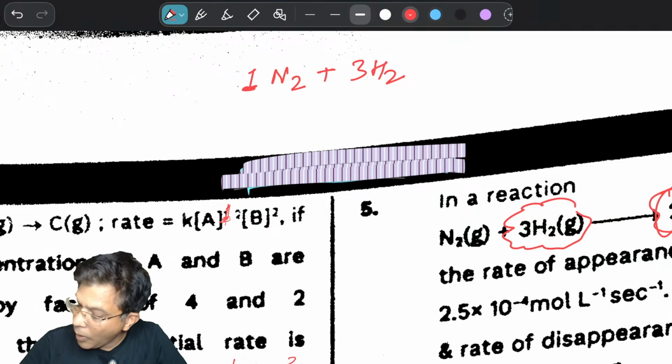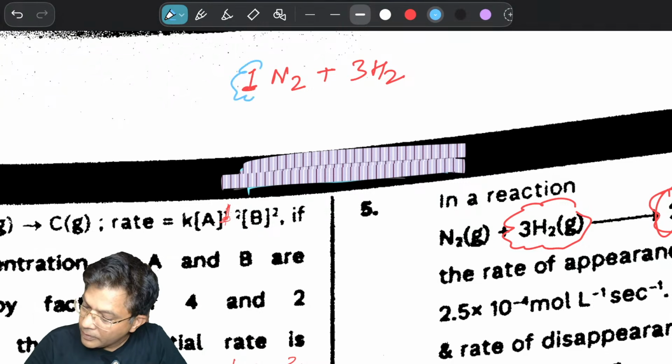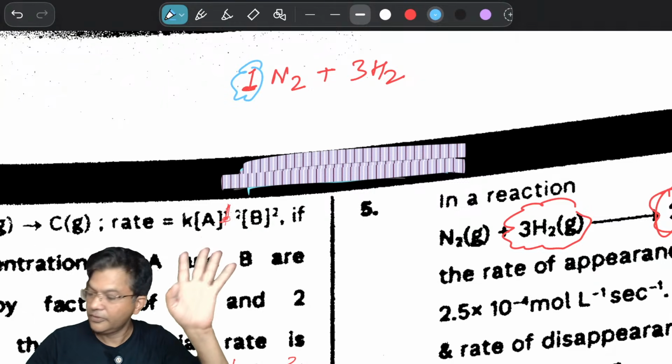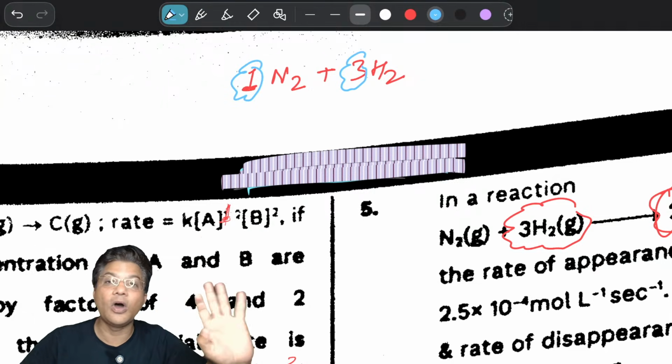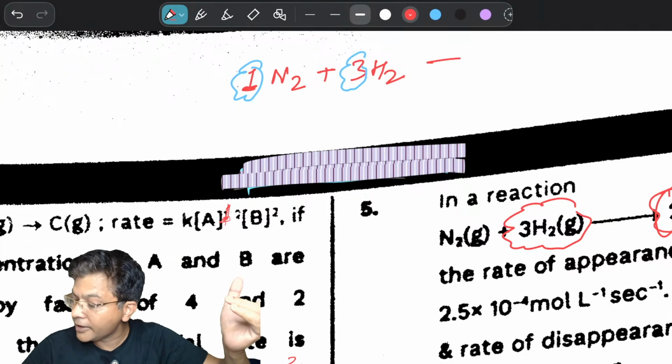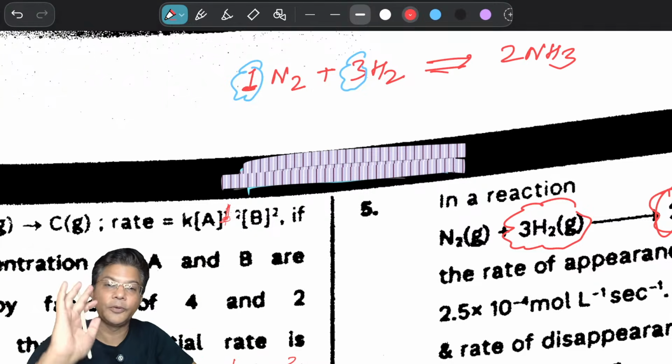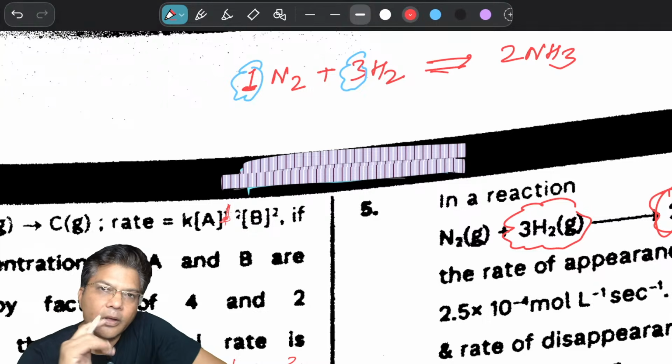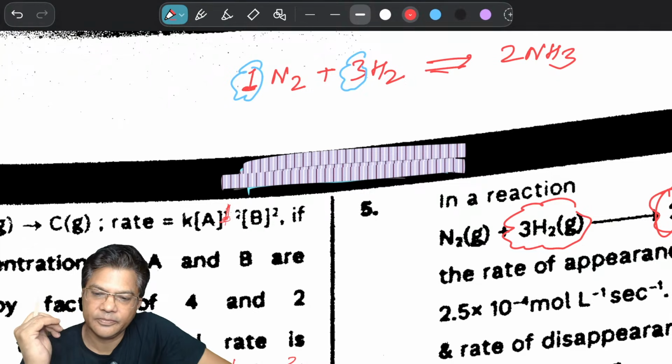When 1 mole of N2 is getting finished, 3 moles of H2 are getting finished and 2 moles of ammonia are getting formed, right? 2 moles of ammonia. Have you seen this picture? Can you tell me whose rate of decomposition is least?